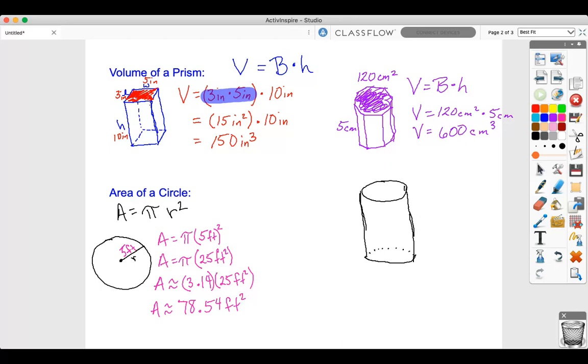So you have to use the wavy equal sign, because it's not exact. Notice once we put in 3.14, it went from being exact to approximately. So you have to make that equal sign a wavy equal sign. All right, and now that is the area of that circle.